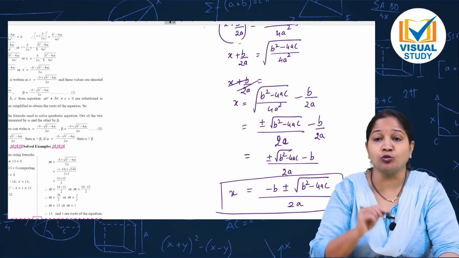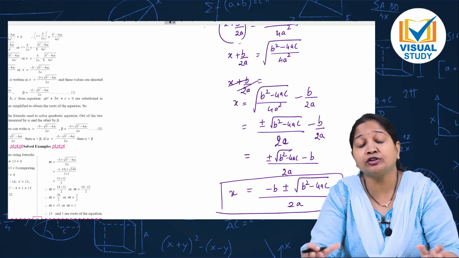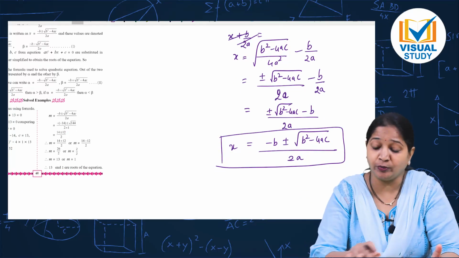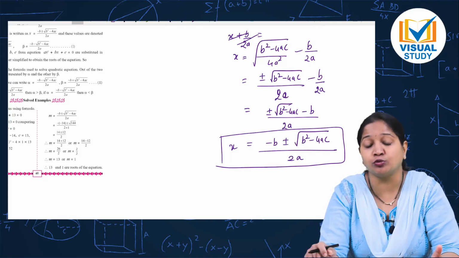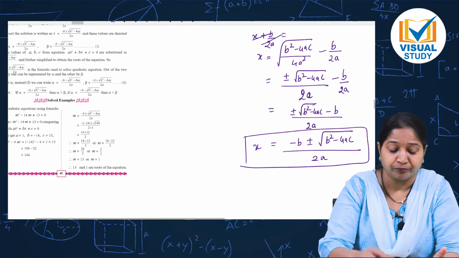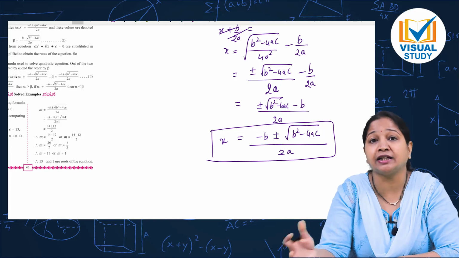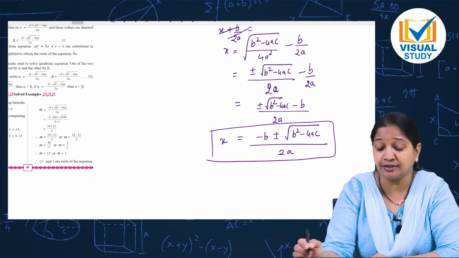While finding out the roots, you can find them by this method. If your teacher tells you to find the roots of the equation by the formula method, then you can use this: minus b plus or minus root b square minus 4ac upon 2a. You can call one root alpha and the other root beta.